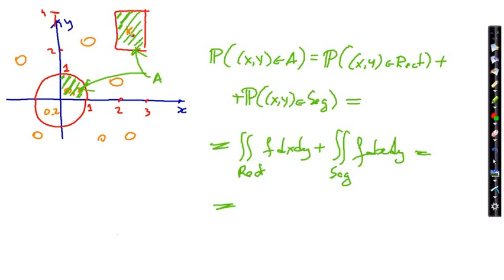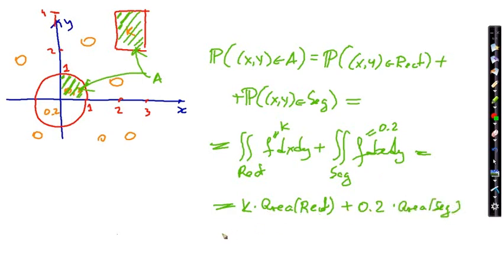Because over this rectangle, our function is constant, so f is equal to k, we know the value of k. Now this is just k times the double integral over the rectangle of 1, so k goes out, and the double integral of 1 is the area of the rectangle, and this area was 2. Plus f is constant also on this segment, so f is equal in this case to 0.2, so I'm writing 0.2 times the area of the segment.